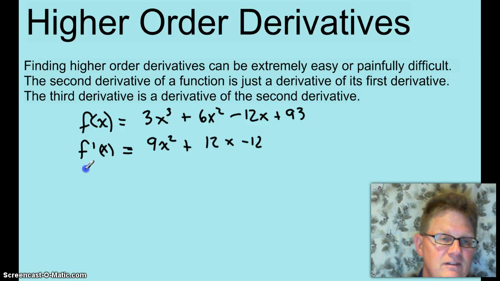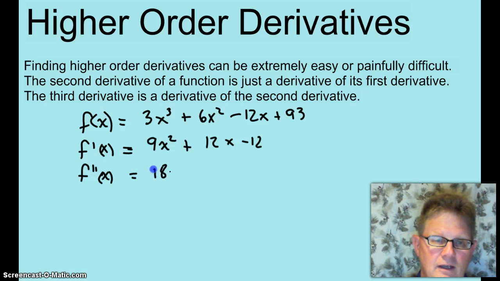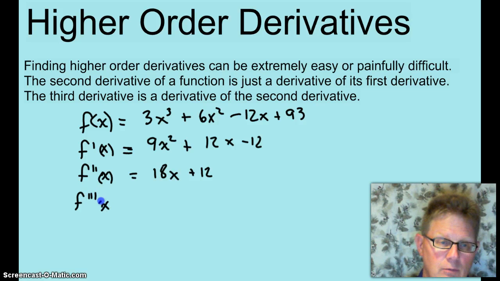Let's go ahead and find the second derivative, which is the derivative of the first derivative, or the second derivative of the original function. We're going to call this f double prime of x. 18x plus 12. f triple prime, the derivative of f double prime, or the third derivative of the original function, is flat out just 18.